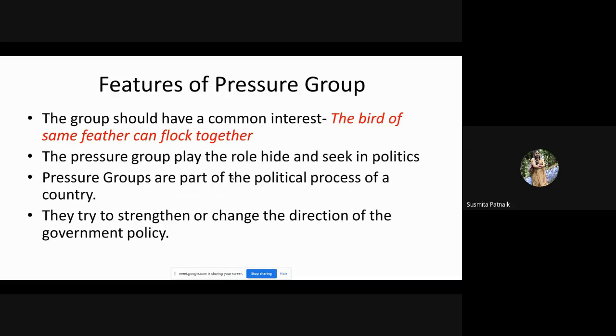They try to change the direction of government policy, because sometimes the policy passed in the parliament is directed not towards the weaker sections of society but towards the rich sections. So through pressure groups, by putting pressure, they change the direction of government policy towards the majority of citizens.